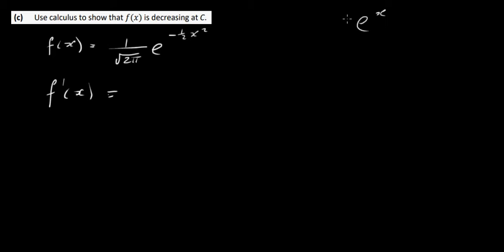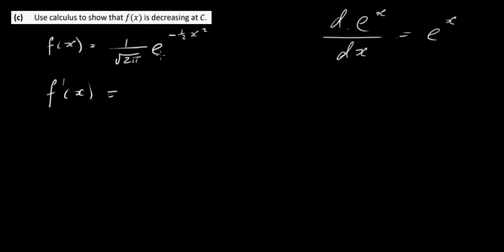So we're going to write down our function, f of x. F of x is equal to 1 over the square root of 2 pi e to the power of minus a half x squared. This is our function. We want to differentiate this. So, if you differentiate e to the power of x, you get e to the power of x.